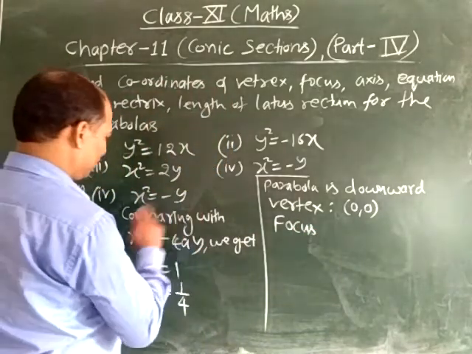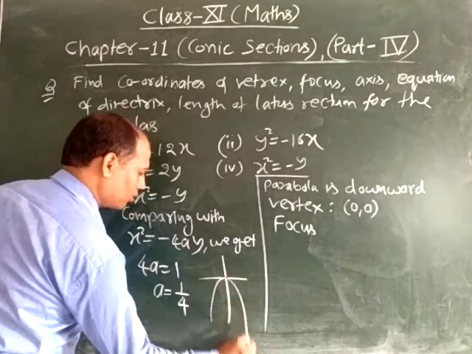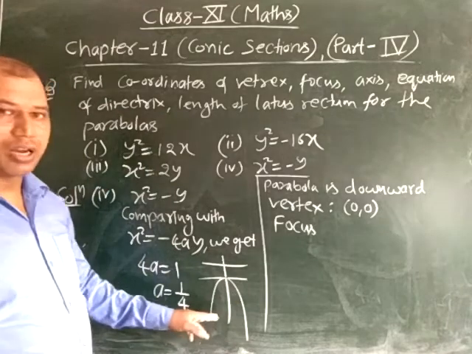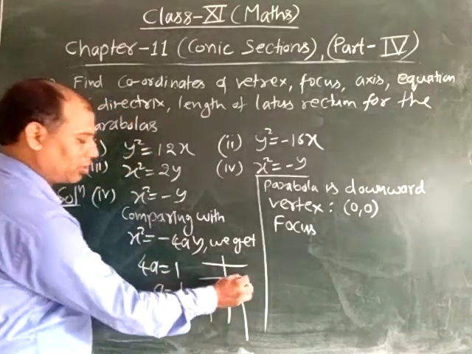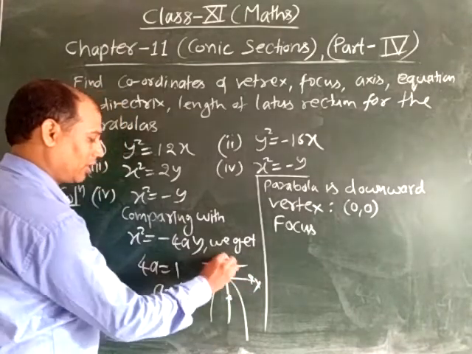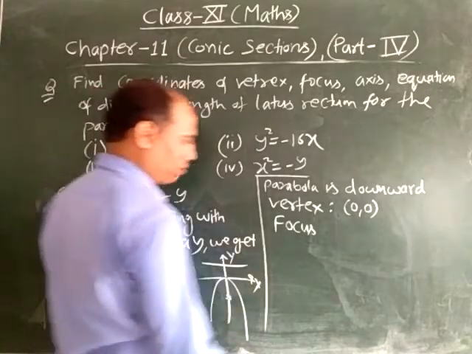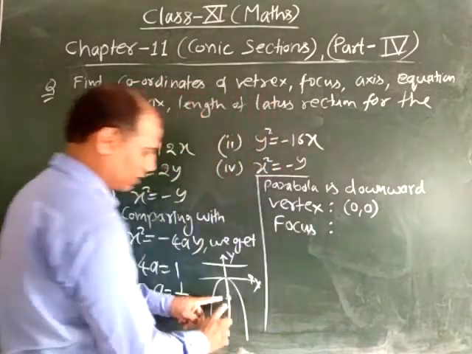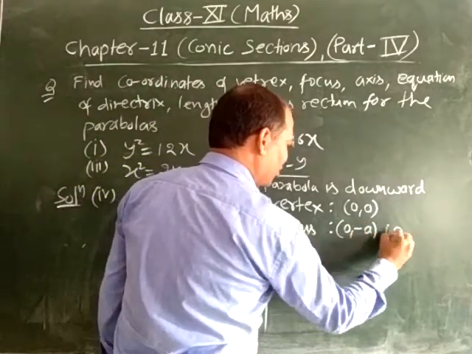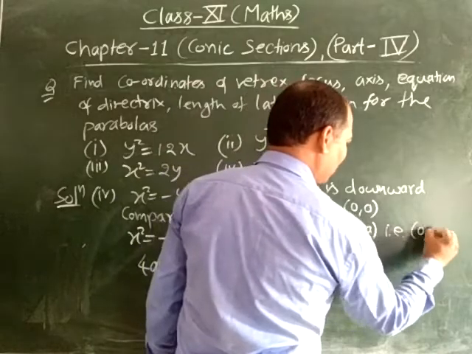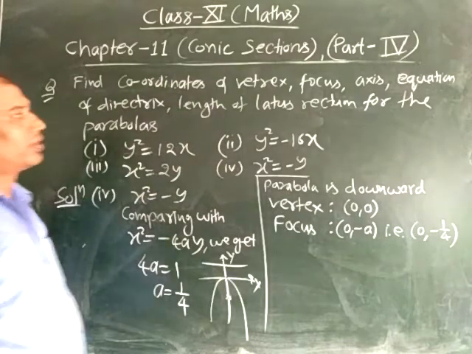The graph of the parabola is like this. And in such a parabola, the focus lies on the y-axis and below the origin. This is the x-axis and this is the y-axis. So the coordinates of the focus are 0, minus a, that is 0, minus 1 by 4, because the value of a is 1 by 4.